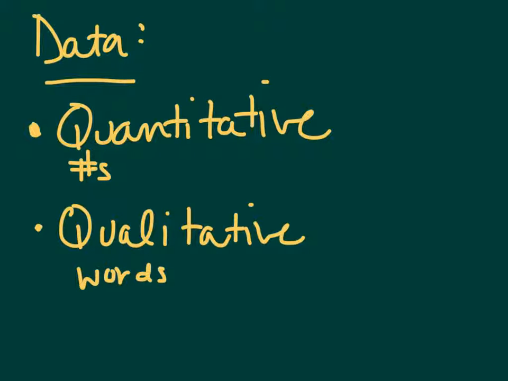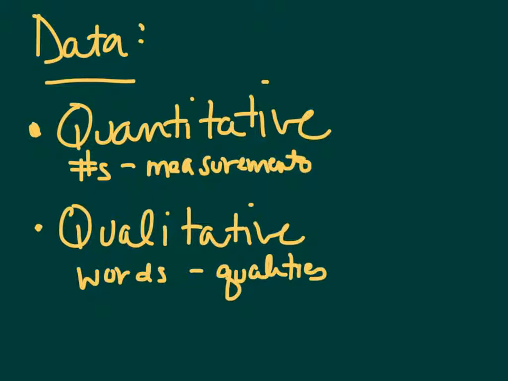Quantitative data typically involves measurements. And qualitative data uses words to describe qualities of things. Qualities of things like color, fuzzy, slimy, you know, qualities, characteristics.